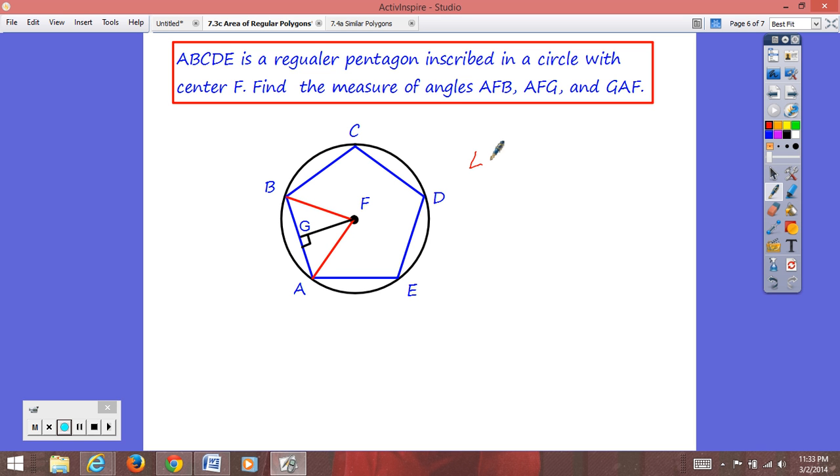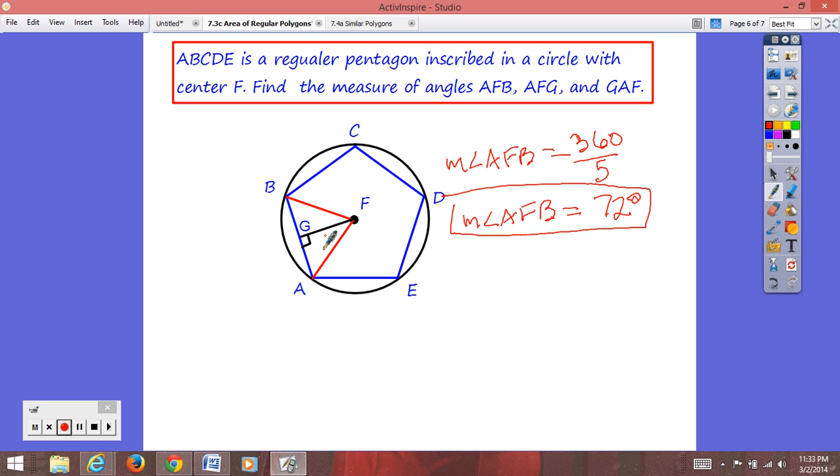So angle AFB equals 360 divided by 5, and the measure of angle AFB equals 72 degrees. So we know that one.